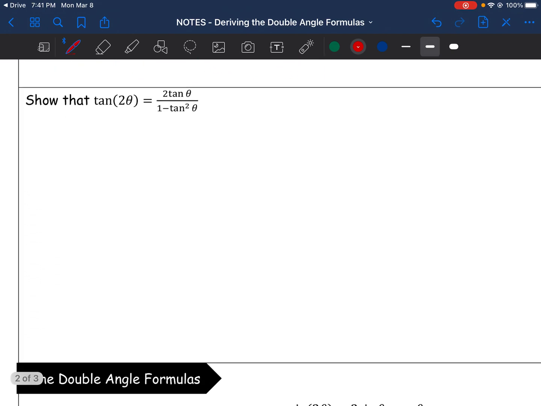So we want to show in this last example that the tangent of 2 theta equals 2 tangent theta divided by 1 minus tangent squared of theta. Once more, let's start with tangent of 2 theta. And let's rewrite it as tangent of theta plus theta. Okay? Once again, both alpha and beta end up being theta in this case.